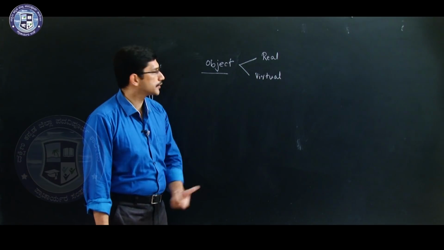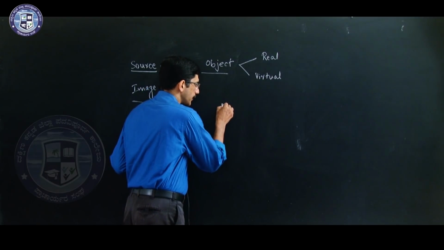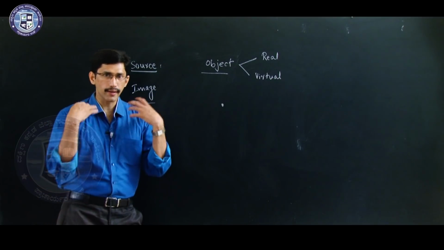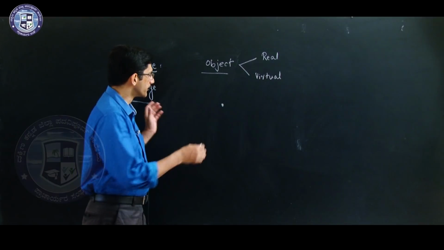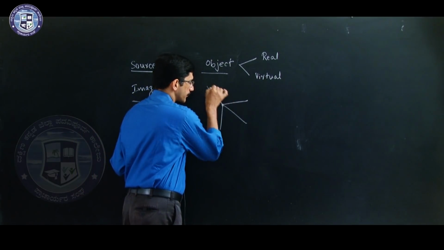Now, when do you say that the object is real? Suppose you consider the source, for example the rays coming out of the sun or a bulb, or if there is a candle, then the light is coming out of the given source, right?